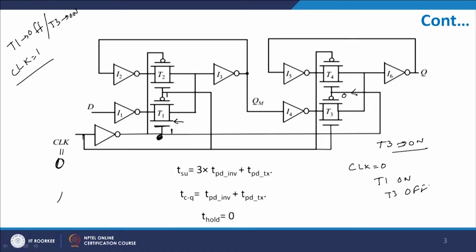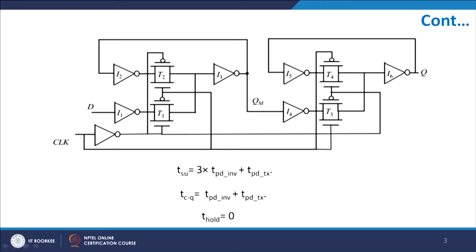Similarly, when the clock equals 0, this 0 will be transmitted here, and therefore T1 will be on, as I discussed, but T2 will still be off. Why will T2 be off?